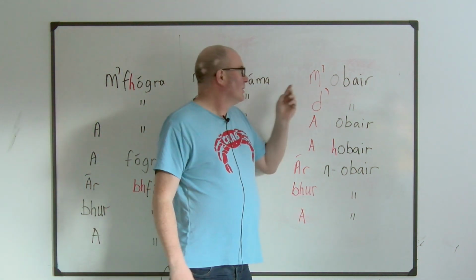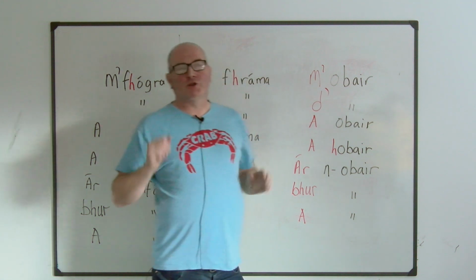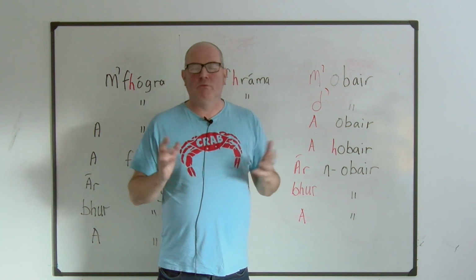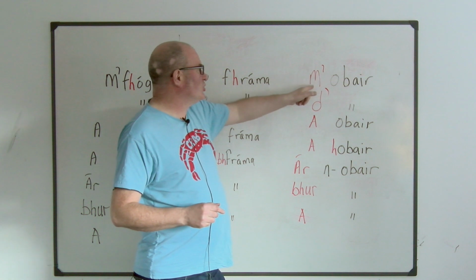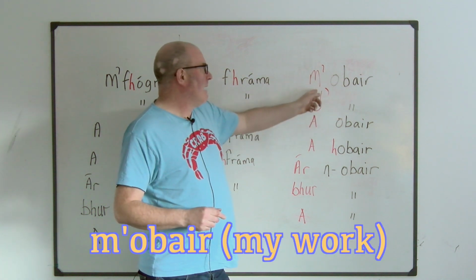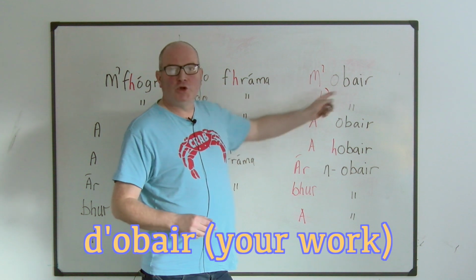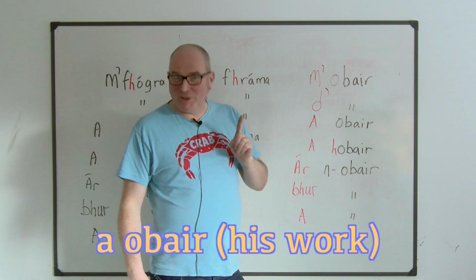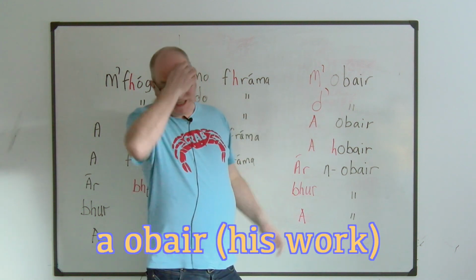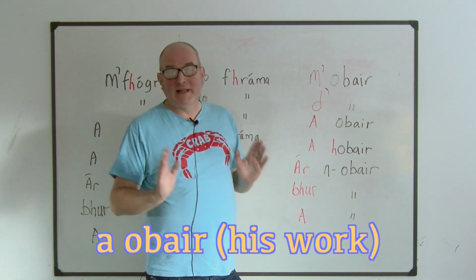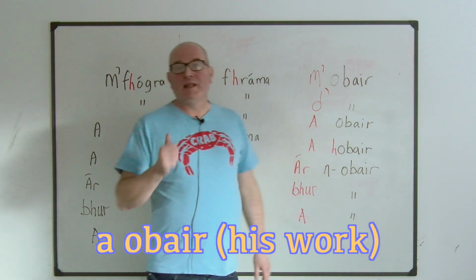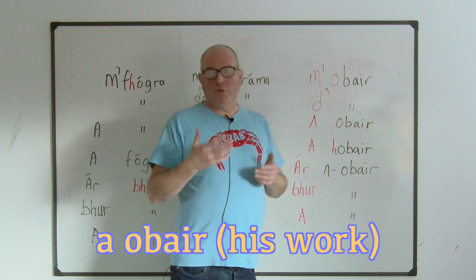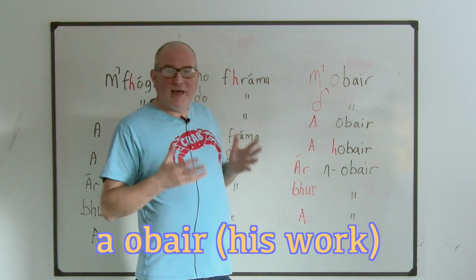It's a little bit different when we use vowels. So let's just look at this. We use it because we don't like two vowels coming together. They clash. If you try and say mo obair, it's easier to say when you take it from the end, m'obair, my work, d'obair, your work. So you have this M apostrophe, D apostrophe. But when you say his work, the noun does not change at all. A obair. And that is done to differentiate between his work, her work, and their work. So the noun will react differently each time that it's said.